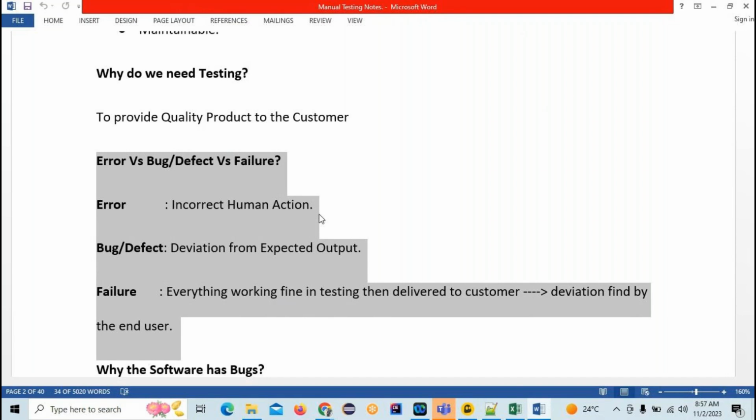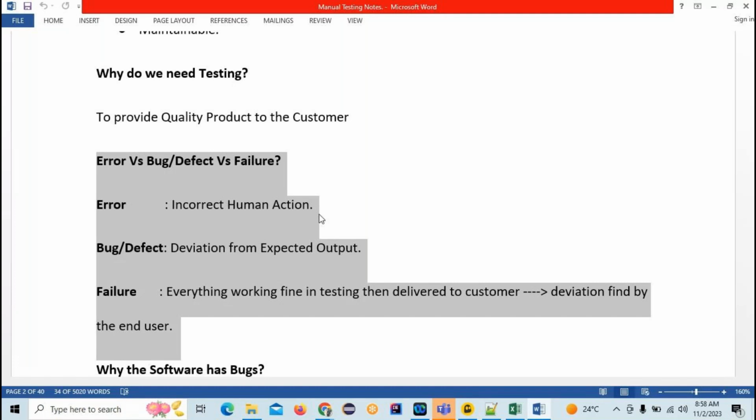If we find it before it goes live, then we call it a bug or defect. If you find it at the stage of bug or defect, then we become the heroes. But if you find the deviation after the product goes live, then we become zeros. Getting my point? Clear about error, bug or defect, or failure?